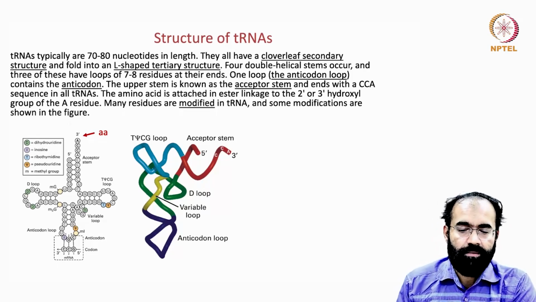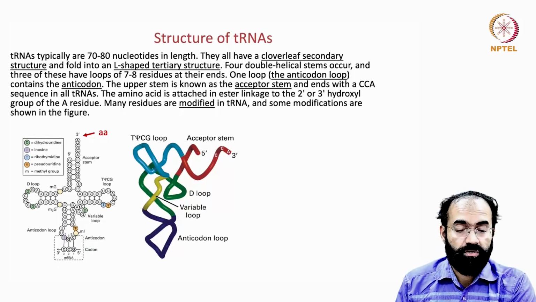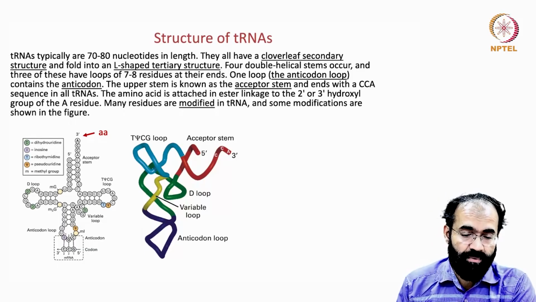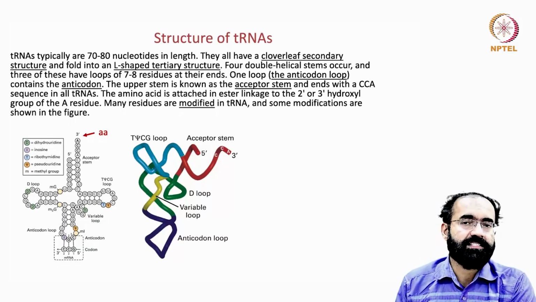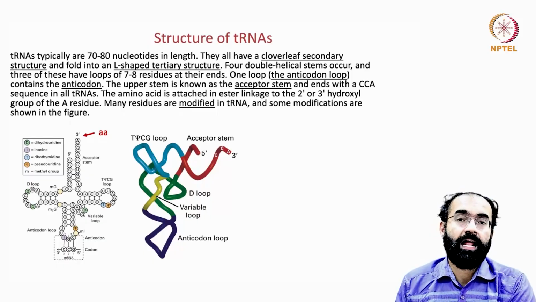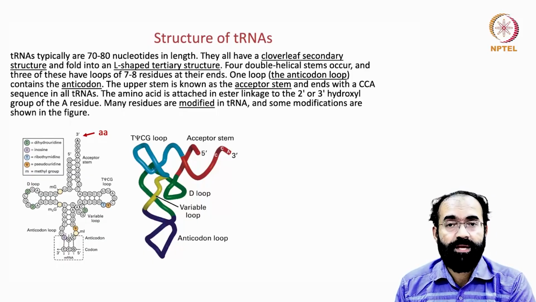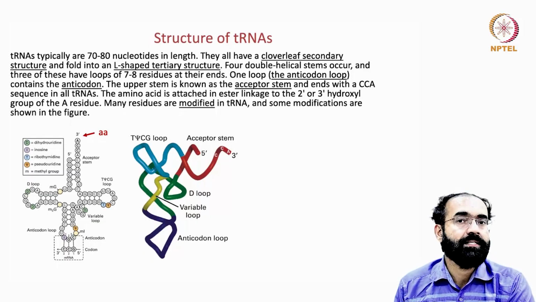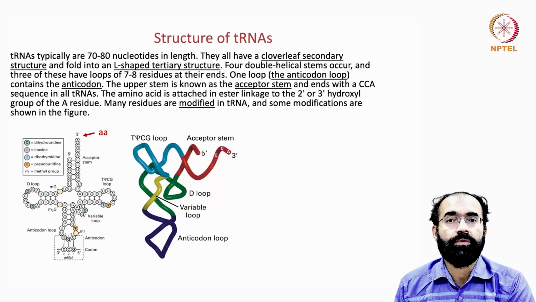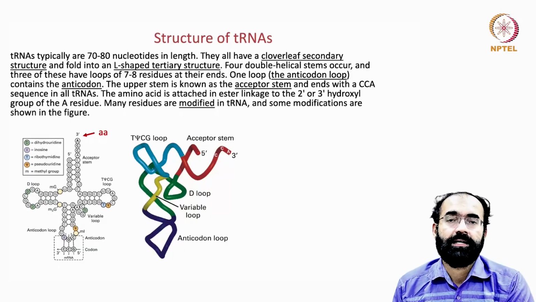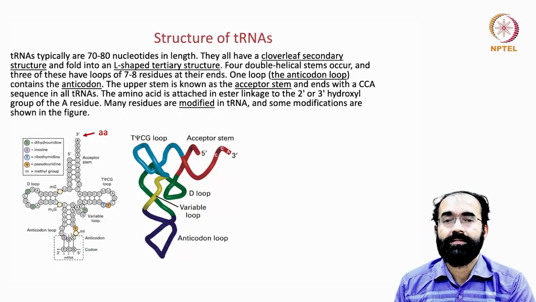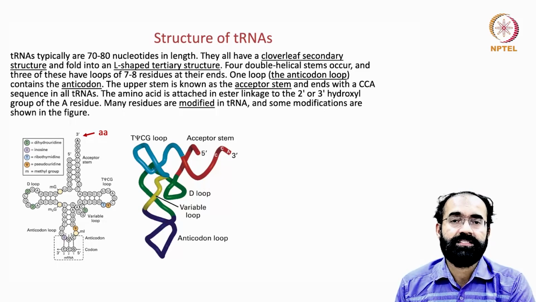Many residues are modified in tRNA, and some modifications are shown here below. Some of them we have already discussed. This is called RNA editing, which allows you to do the maximum with the minimum. Some modifications change bases into inosine. Inosine is a neutral base. It pairs equally well with all 4 bases A, G, C or U. It neither attracts nor repels.